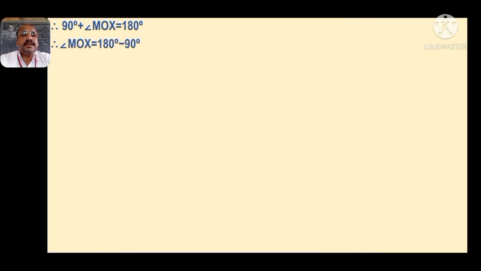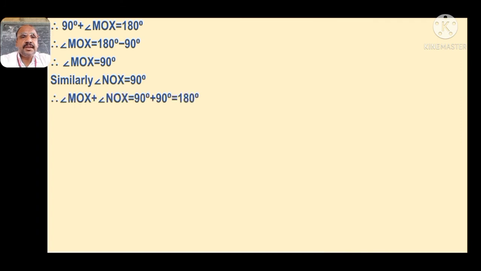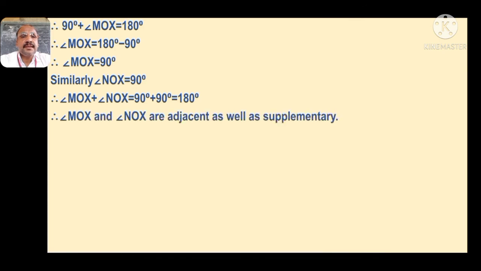Therefore, angle MOX is equal to 180 degrees minus 90 degrees. Therefore, angle MOX is equal to 90 degrees. Similarly, angle NOX is equal to 90 degrees. Therefore, angle MOX plus angle NOX is equal to 90 degrees plus 90 degrees, which is equal to 180 degrees. Therefore, angle MOX and angle NOX are adjacent as well as supplementary.